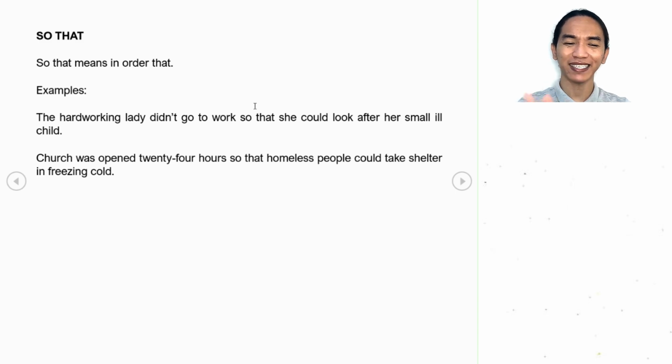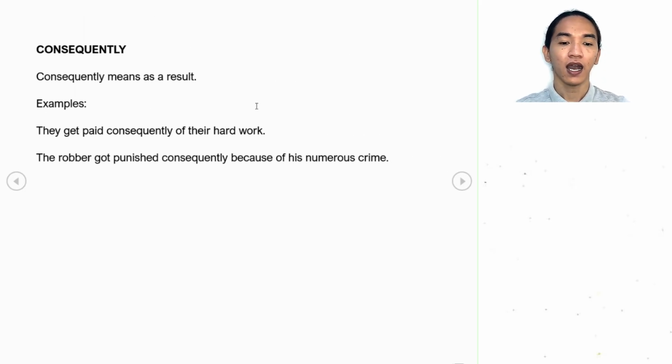All right, so please just remember its meaning and how it is used in these sentences. Okay, next one. Consequently. Consequently means as a result. They get paid consequently of their hard work. The robber got punished consequently because of his numerous crime. Okay, as a result of that.